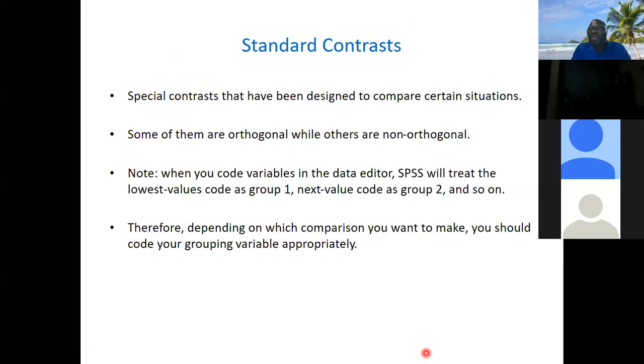Then there are some standard contrasts. When you say standard, there are standard ways of coding, and the people that make software like SPSS put them into their software. As I've explained, SPSS gives 1, 2, 3, 4, so even if you don't code very well, the lowest value is assumed to be 1.